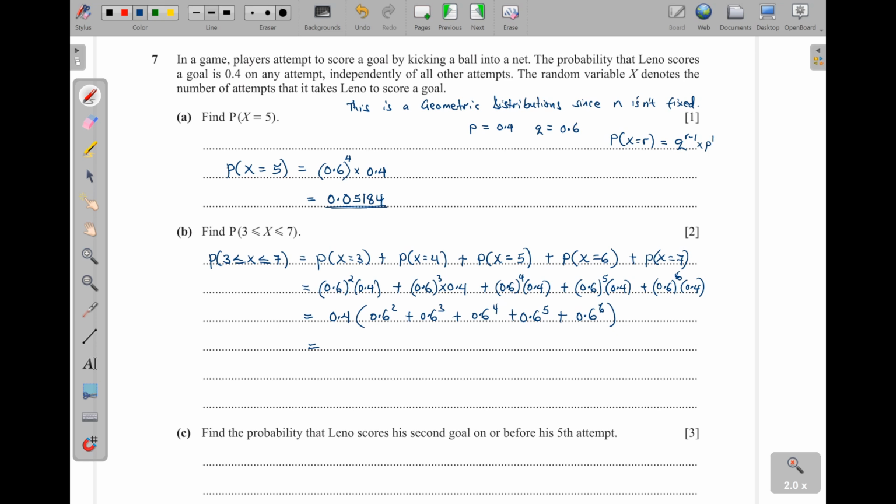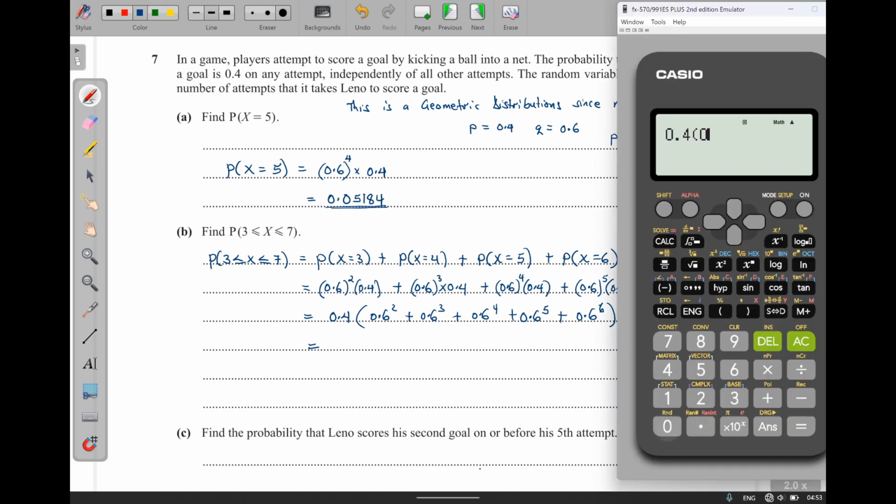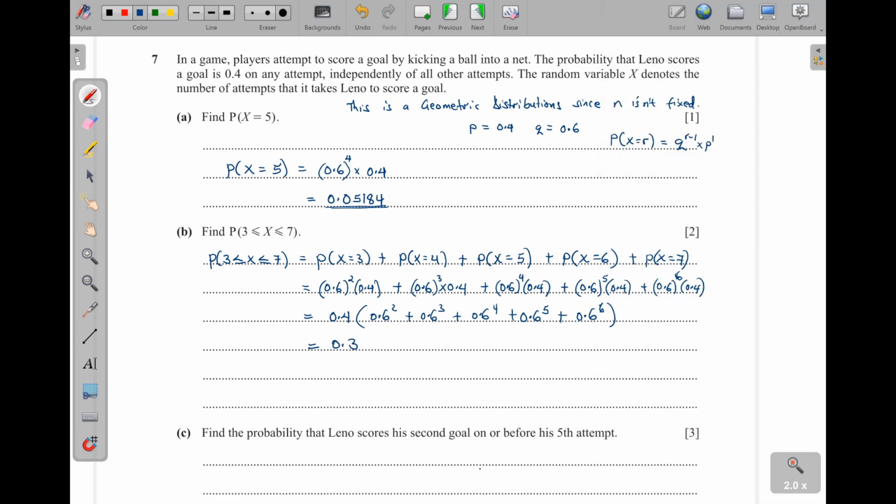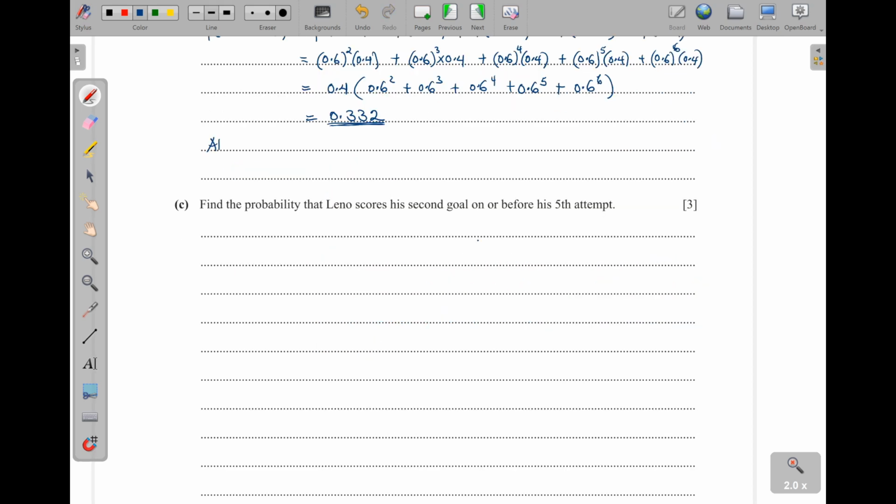So what do we get? 0.4 into 0.6 squared plus 0.6 power 3 then plus 0.6 power 4, then plus 0.6 power 5, then plus 0.6 power 6, and then we can close the brackets. So that is 0.332 to 3 significant figures. 0.332, just like that. Alternatively, you can do it this way.